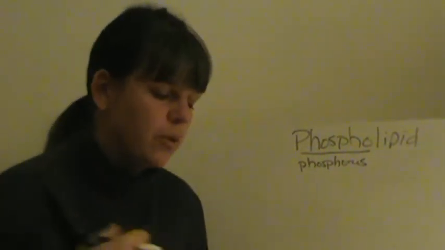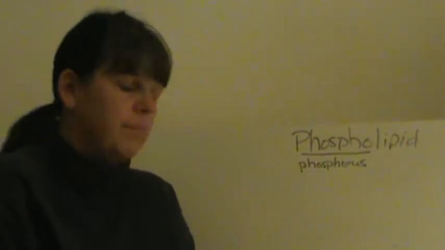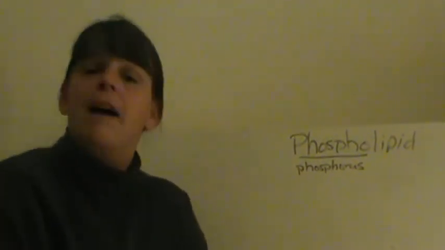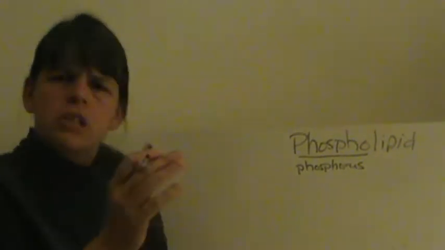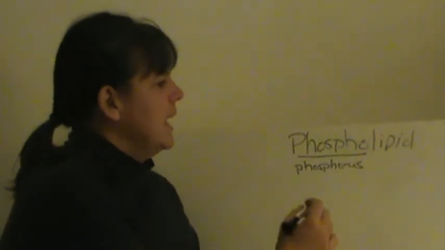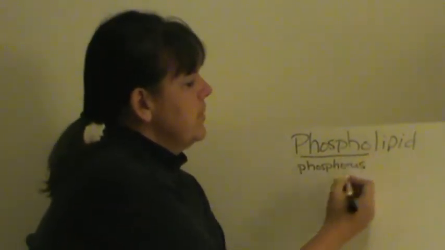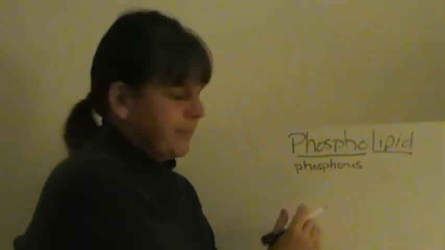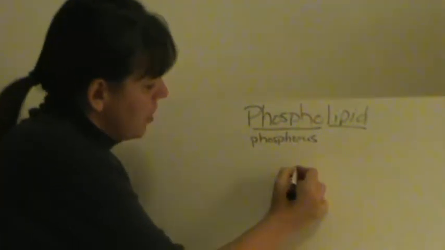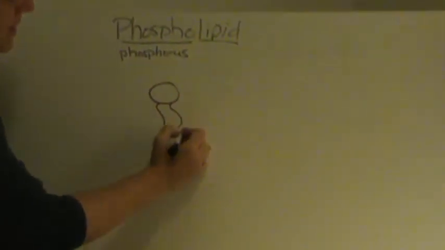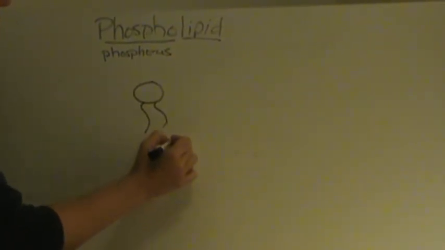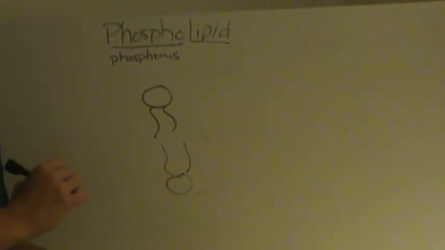So there will be a phosphate group on one side, and on the other side you're going to have fatty acid chains. So let's look at the structure a little bit. A phospholipid is a lipid that has a phosphorus or phosphate head. And then oftentimes we can draw them looking a little bit like this. Here's the structure, because we're talking about the structure primarily.